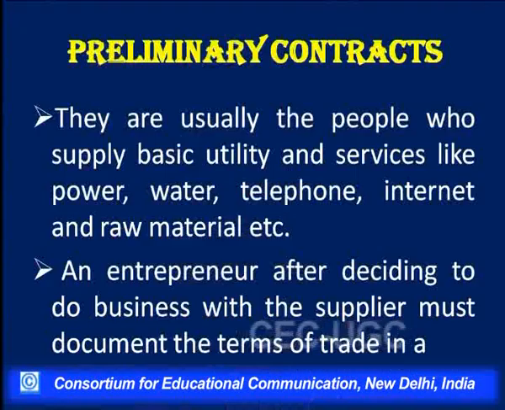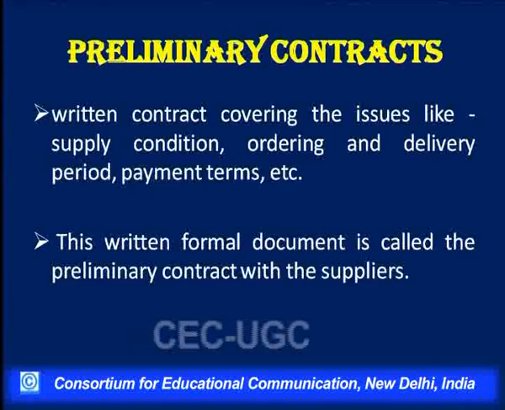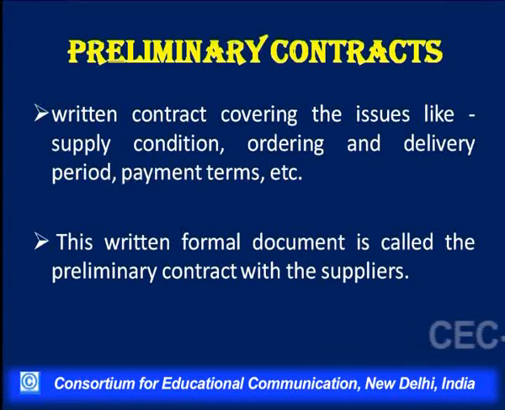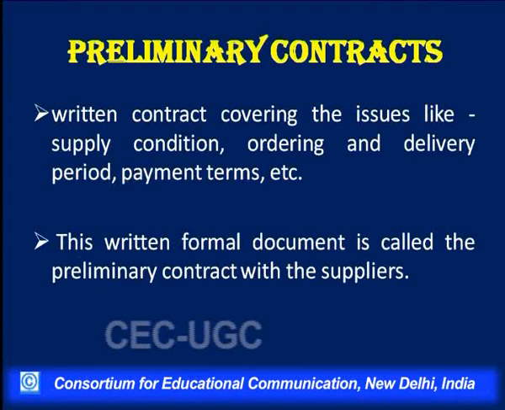They are usually the people who supply the basic utilities and services like power, water, telephone, internet, raw material, etc. An entrepreneur, after deciding to do business with the supplier, must document the terms of the trade in a written contract covering issues like supply conditions, ordering, delivery period, payment terms, etc.